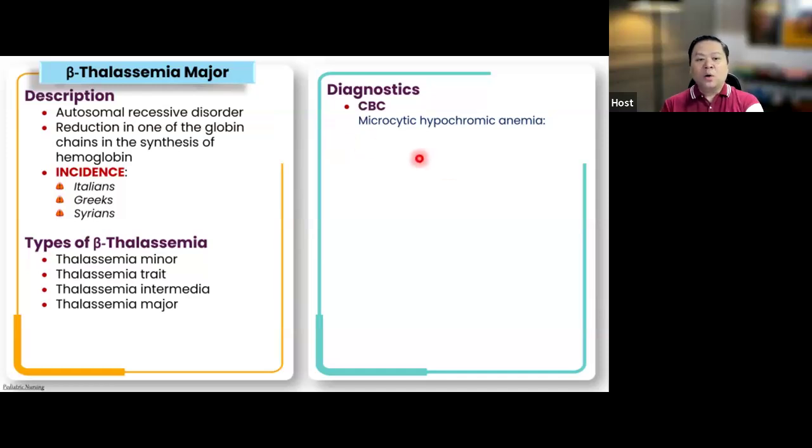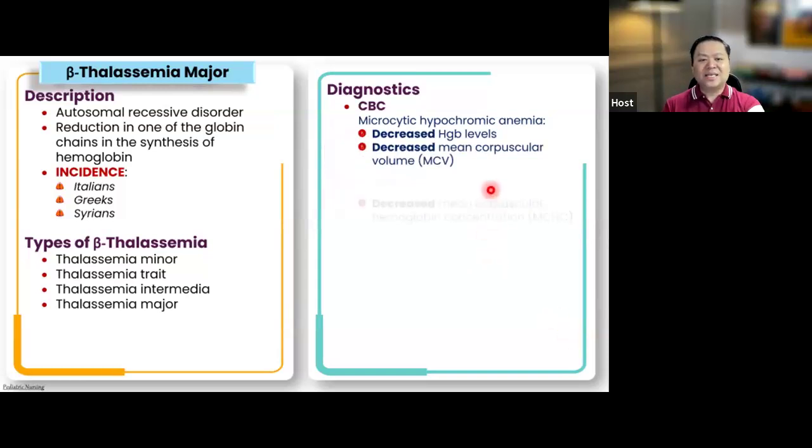In the CBC, you will see a decrease in the hemoglobin levels. There will also be a decrease in the mean corpuscular volume, known as the MCV. When the MCV is decreased, it simply means that the size of the red blood cells are small, microcytic.